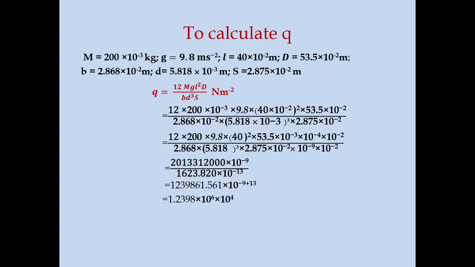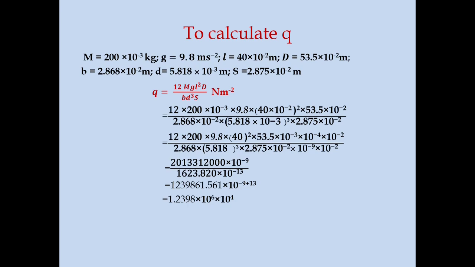And you take the powers outside. So when you take the powers outside, 1 2 3 4 5 6, I have moved the 6 decimal points and written it as 1.2398.